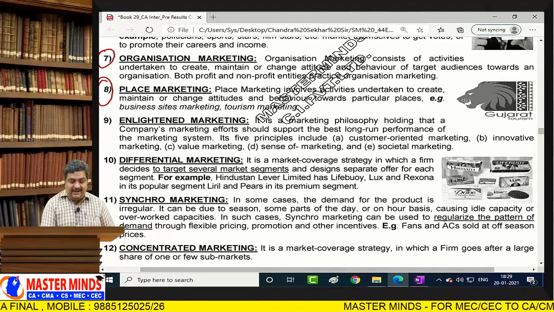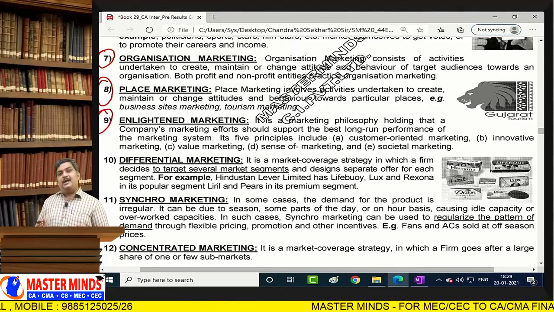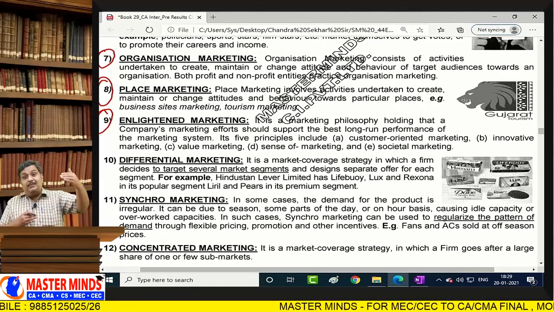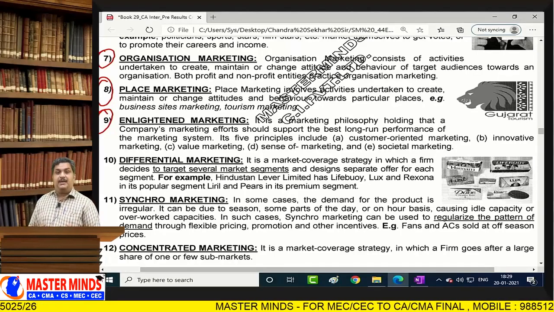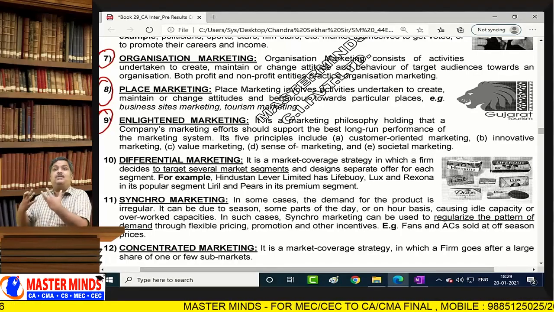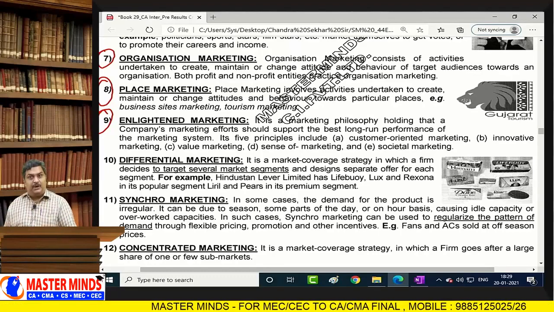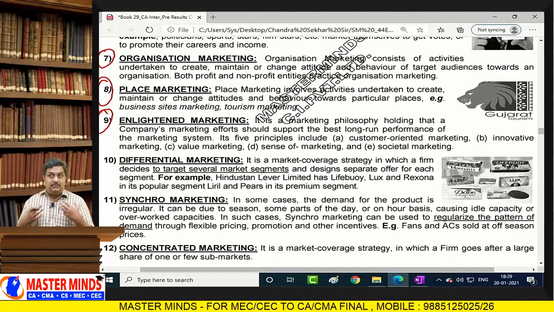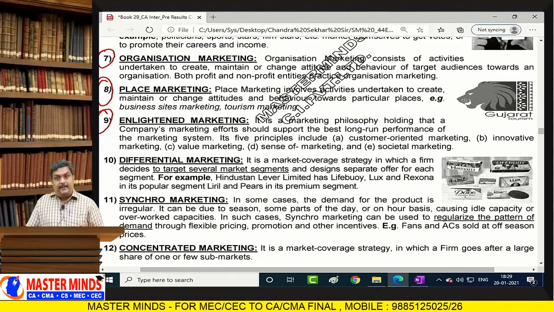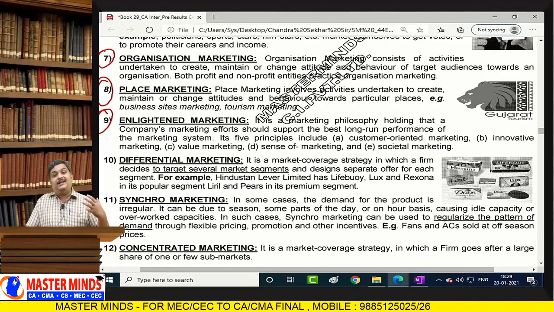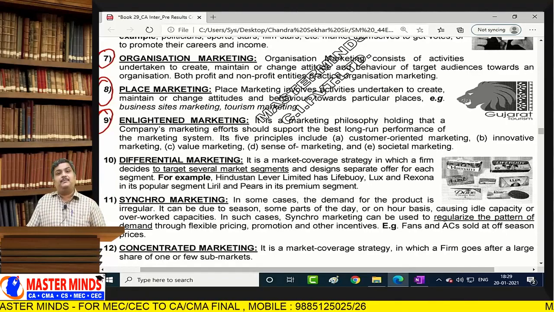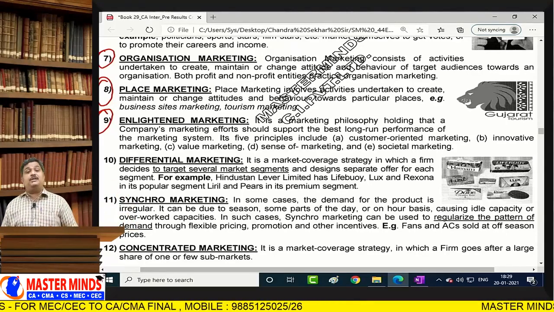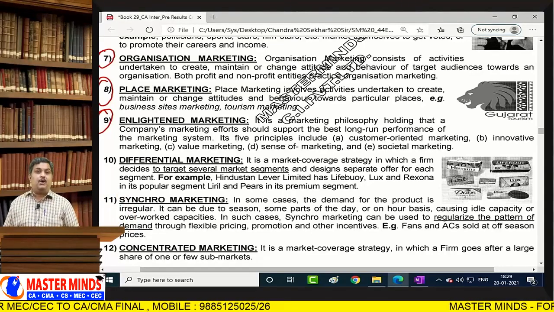And next comes enlightened marketing. There is a relationship between social marketing and enlightened marketing, because enlightened marketing means to bring some awareness among the people about a particular product. Organizations like IRDA will advertise telling you never to believe fake insurance advertisements, and that an insurance company will never make you a call.